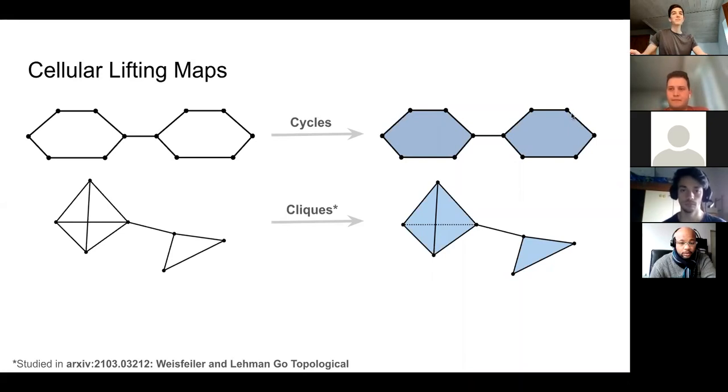Would it be a stupid idea to, for example, also include the size of the ring in the initial feature of the face? No, that definitely would be something worth trying. I think in PNA they do something like that, with the degree of the node.